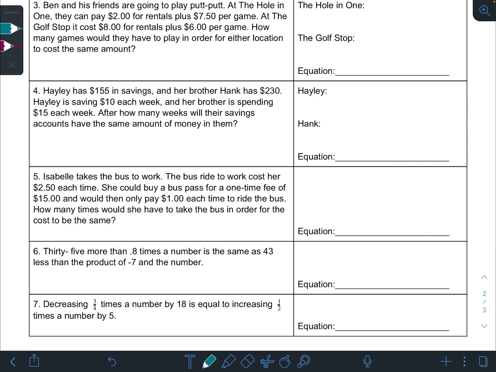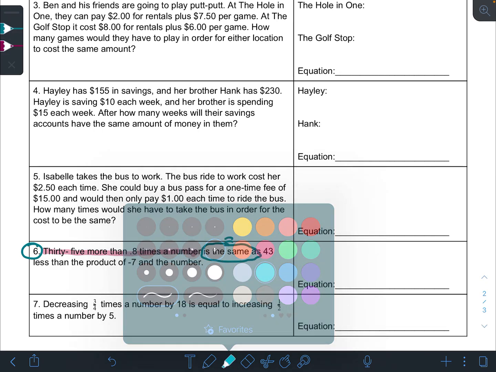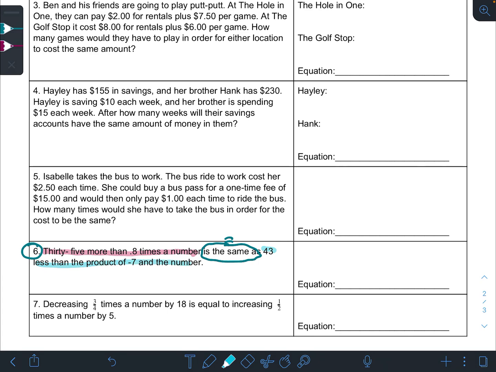I'm going to actually just go ahead and show you this next one down here. So number 6, it says 35 more than 8.8 times a number is the same as 43 less than the product of -7 and the number. So I know that I have this on one side, and the same as is my equal sign. So I know I have 35 more than 0.8 times some number.